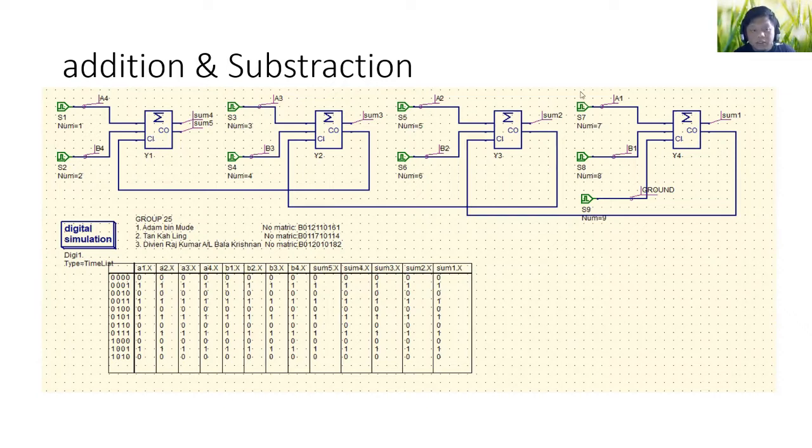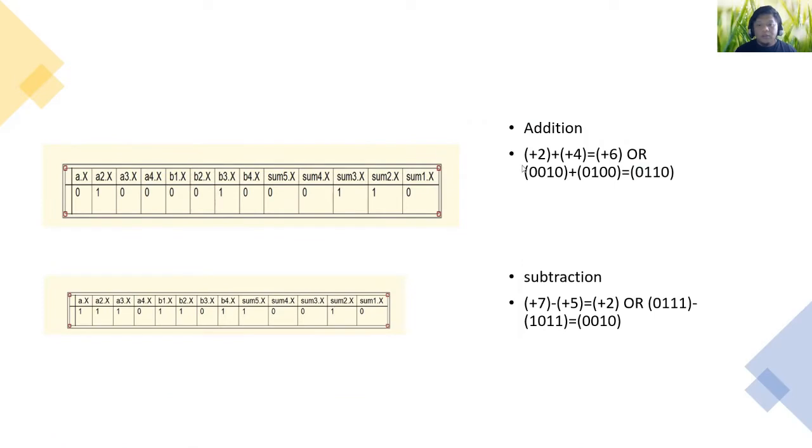Okay, I must change all the power source to become binary number, like 0, 1, 1, 0, 1, 0, 0, 1 to make addition or subtraction. For the example, addition, 2 plus 4 equal to 6.